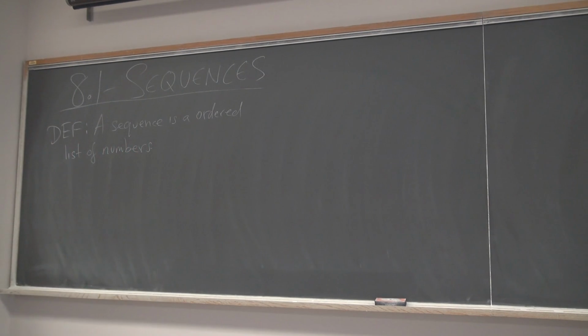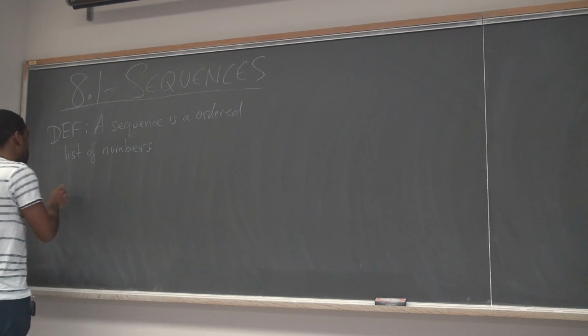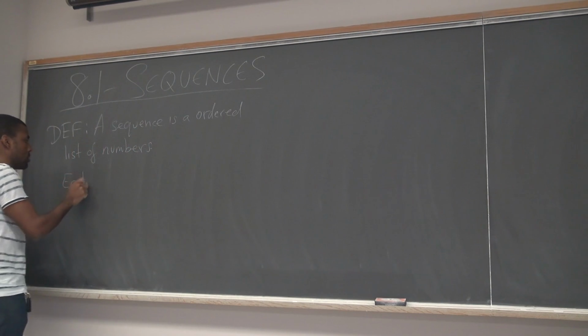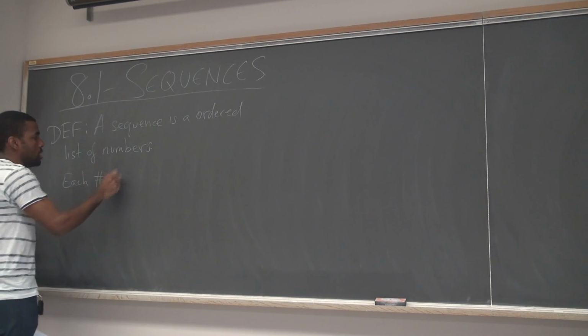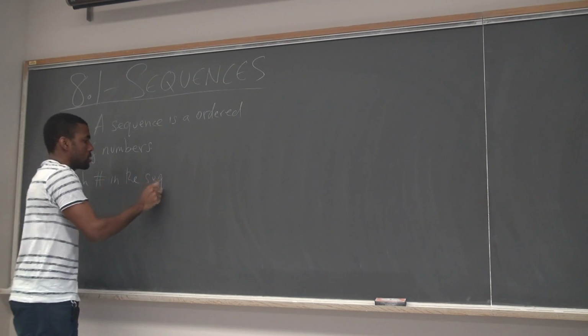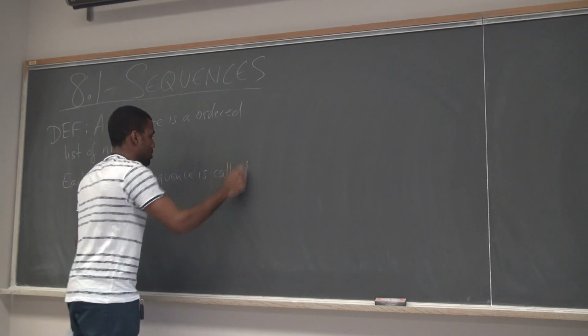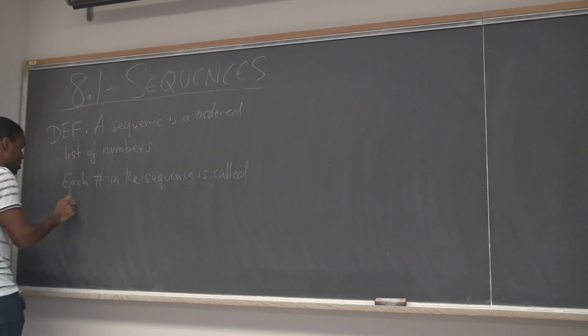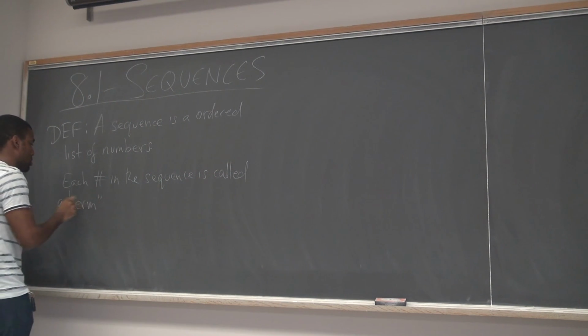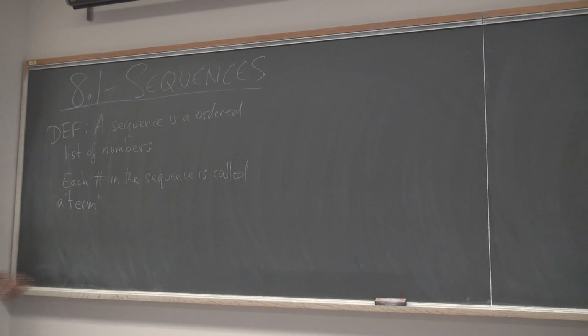That's basically how we're going to think of it. Each number in the sequence is called a term. Right, so I can talk about the terms of a sequence. It's just the numbers in that sequence.